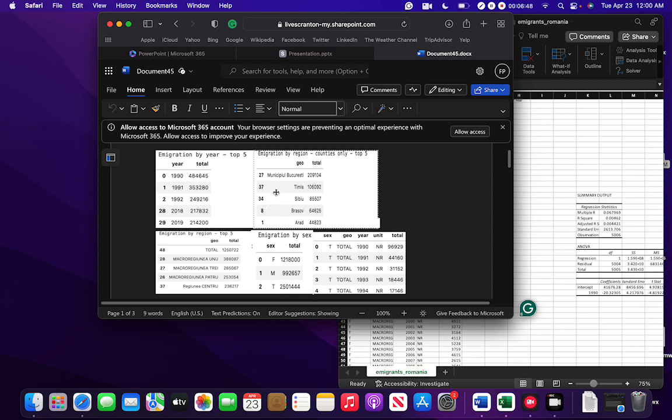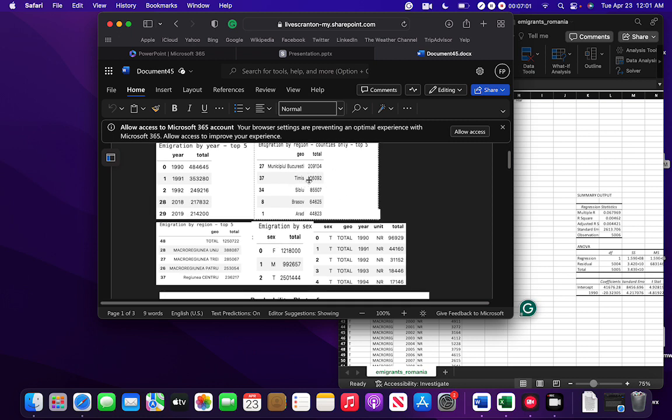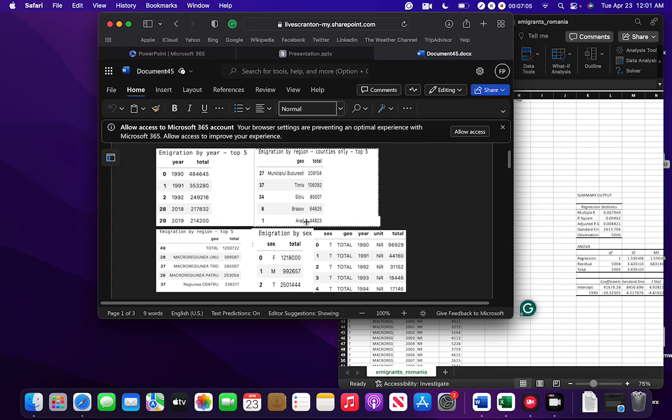Immigration by region, counties. Number 1 is 209K in Bucharest, because that is the largest city, so of course it has the most, followed by Timis, then Sibiu, then Brasov, and lastly Arad.